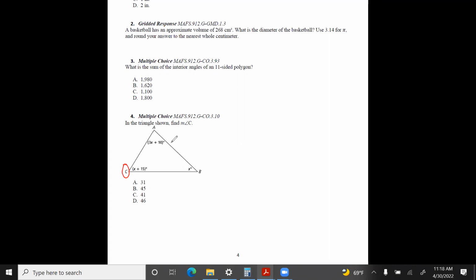They gave us all 3 parts labeled as expressions. All 3 angles in a triangle have to add up to a total of 180 degrees. So we have 180 equals x plus 15 plus 3x plus 10 plus x.